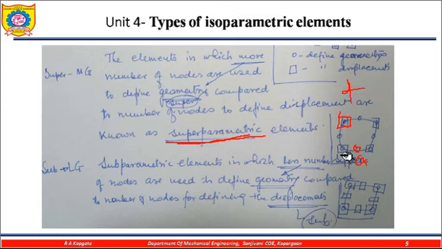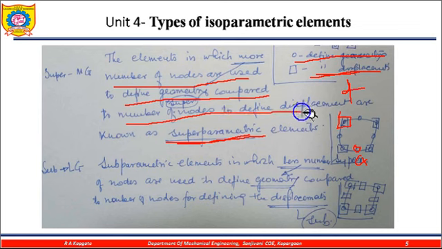What we observed here is that there are 8 nodes, and the geometric nodes are more than the displacement symbols. It means the element in which more nodes are used to define the geometry compared to the number of nodes to define the displacement is known as a superparametric element.